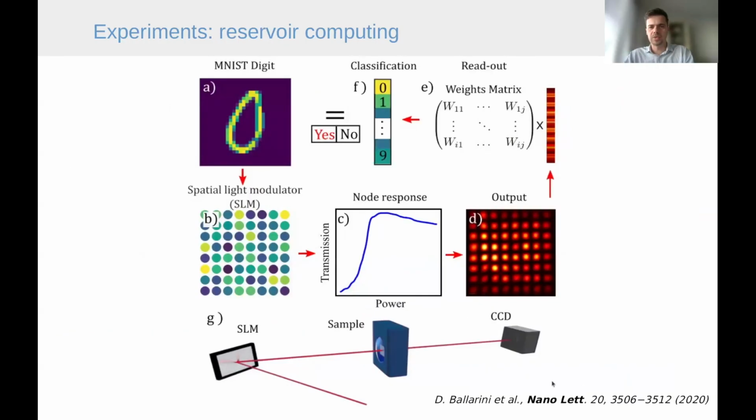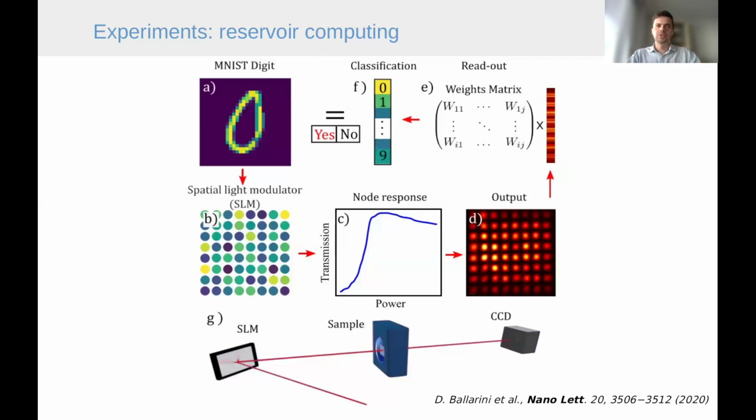So for example, in this graph, we have an input laser and we have an output. There are actually two ways to excite a polariton state. One of them is resonant excitation, when we have the energy of the inputs exactly at the energy of the polaritons. In this case, the transmitted light has the same energy.